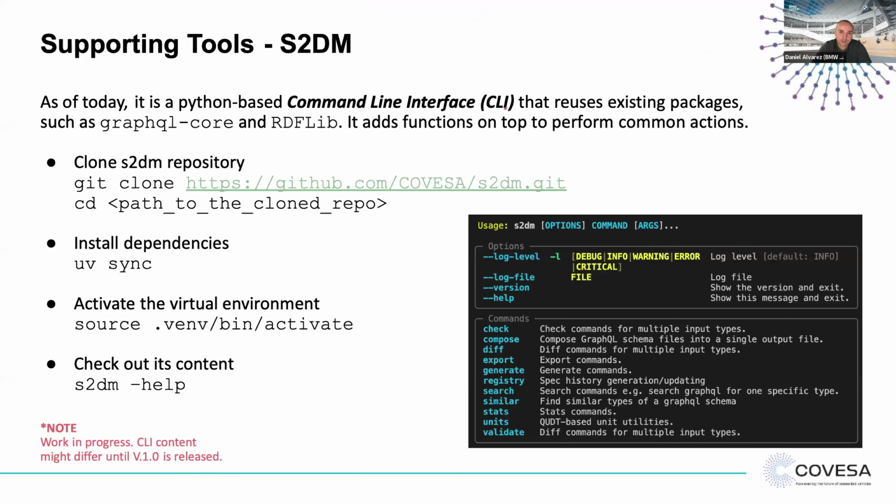So today we have this CLI, the interface we have that is implementing some functions that come on top. Functions including, for example, validation. This means proving that the use of the syntax is correct. You have other functions for checking.